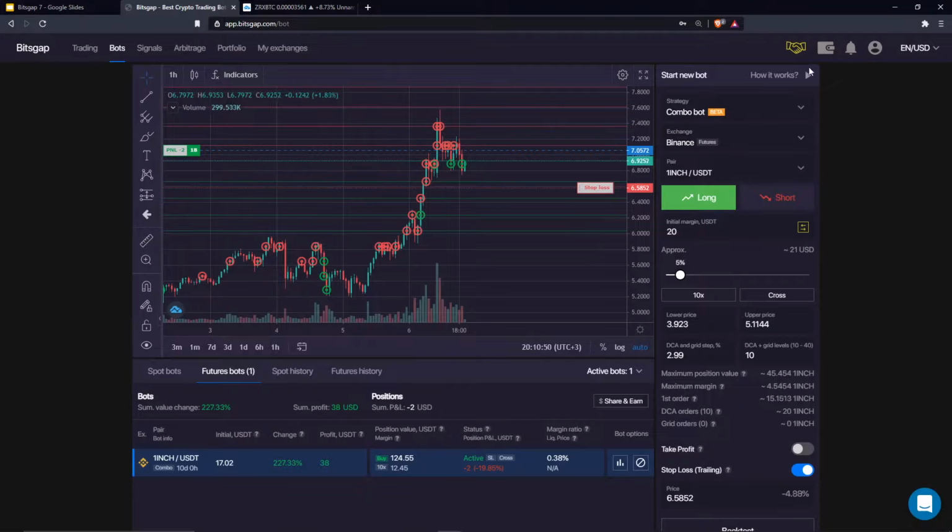As of now, we don't have the demo mode for the combo bot, so that means that you don't have this opportunity to trade risk-free using virtual money on the combo bot. But that's something that we are working on, and most likely we will add this feature.